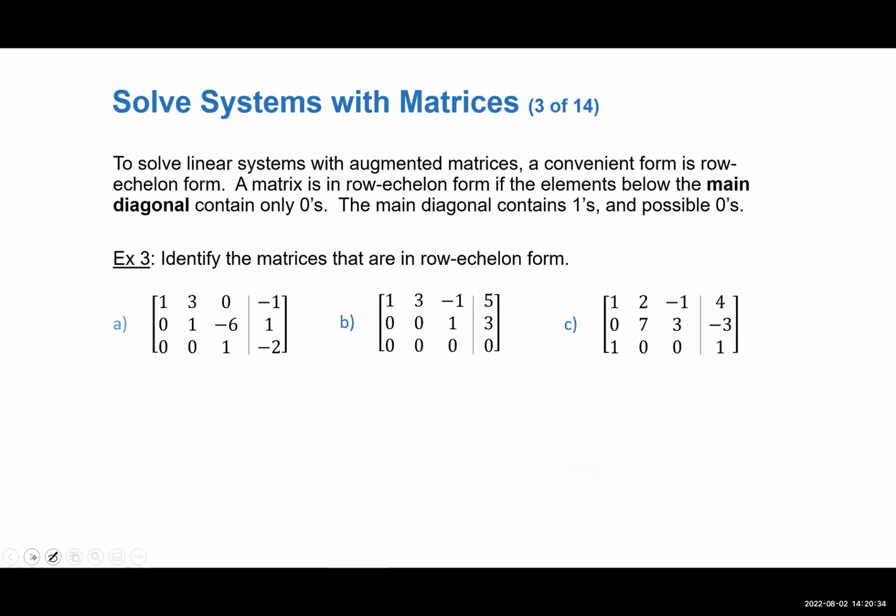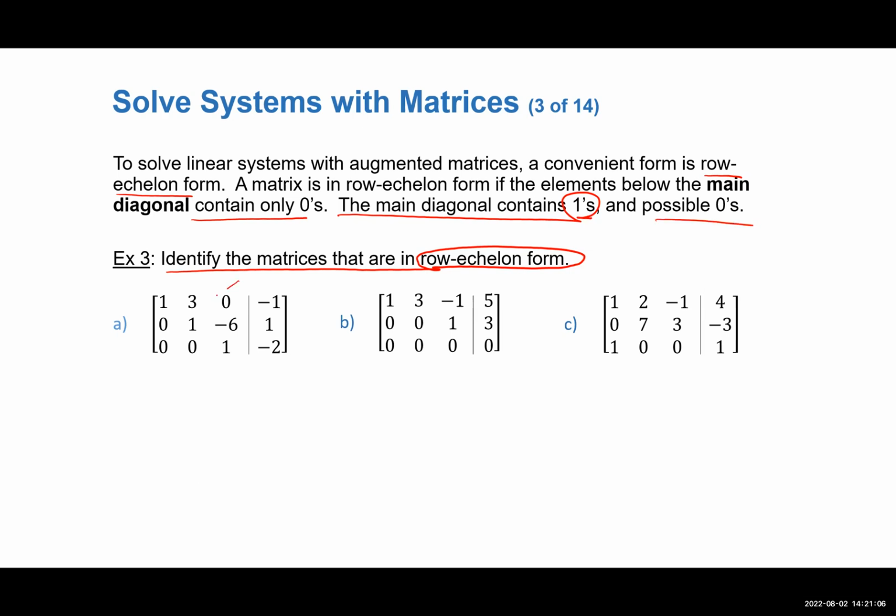Moving right along. It says identify matrices that are in row echelon form. So again, this is just another one of those things that we're learning. Row echelon form. To solve linear systems with augmented matrices, the convenient form is row echelon form. Row echelon form says that basically the elements below the main diagonal are all zeros, and the main diagonal has only ones in it and possibly zeros.